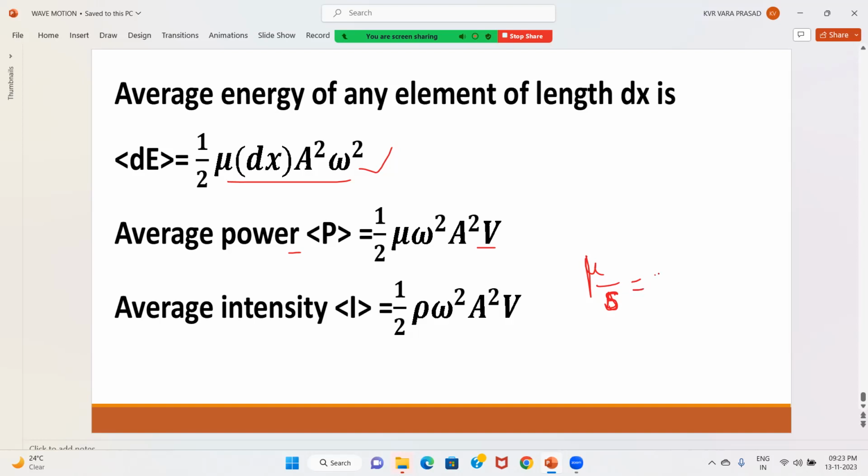So mu by S equals rho. Mu means mass per unit length, and dividing that by cross section area gives mass per unit volume. So we have half mu by S, that is rho, giving half rho omega square a square v. This is the expression for average intensity. This is regarding energy in wave motion, right?